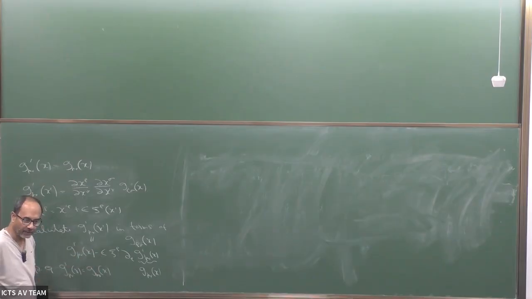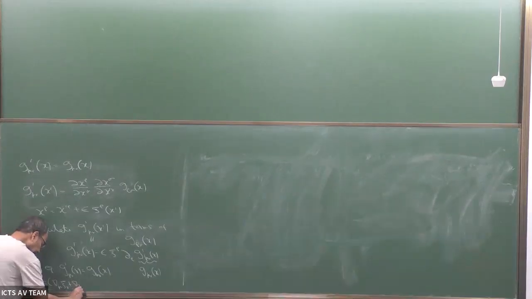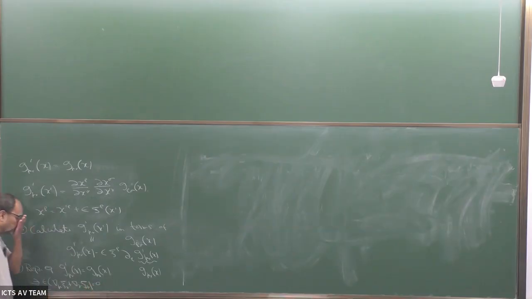This is just from general coordinate transformation, and you are now demanding that this should be equal to g_{μν}(x). So compare the two, you will get some condition on ξ. And that condition is ε times something. So this is the definition of a Killing vector.